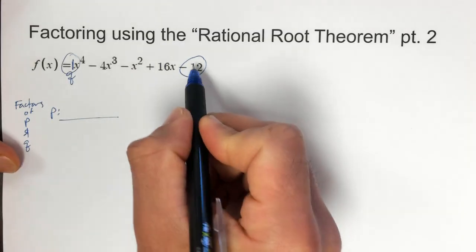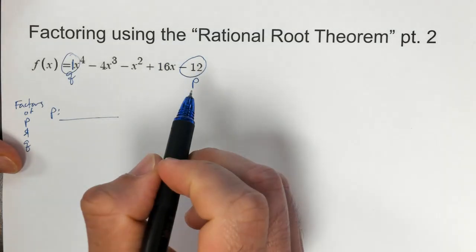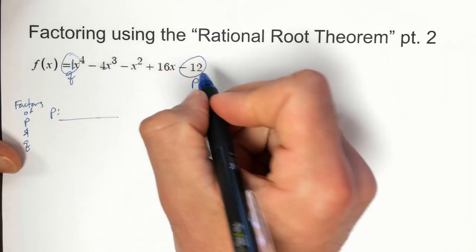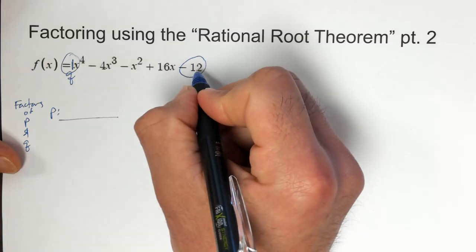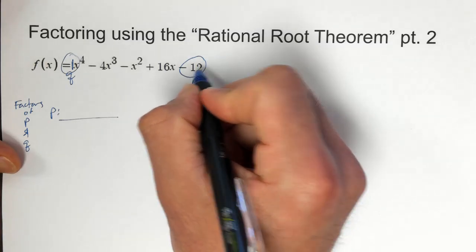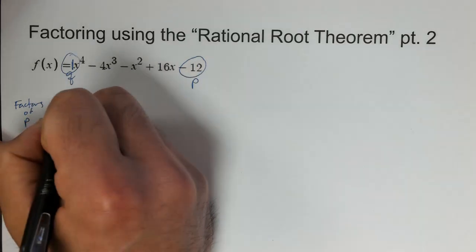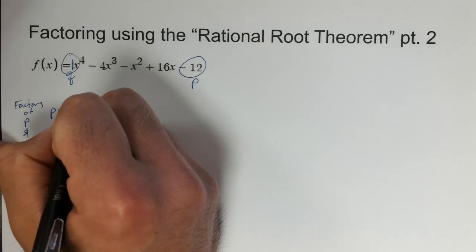The factors of P: I can multiply 1 times 12, or negative 1 times 12. I can multiply 2 times 3, 2 times 6, 3 times 4. I have all of these different factors that I can use. So I'm going to focus on the positive and negative version of 1 times 12.